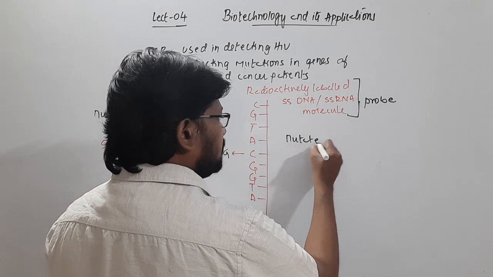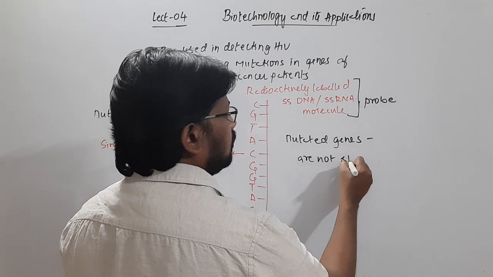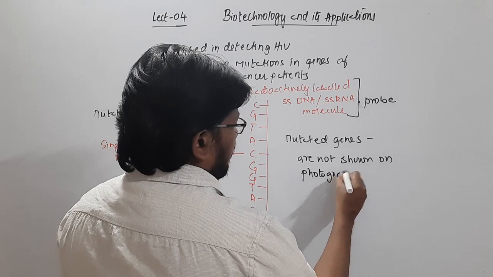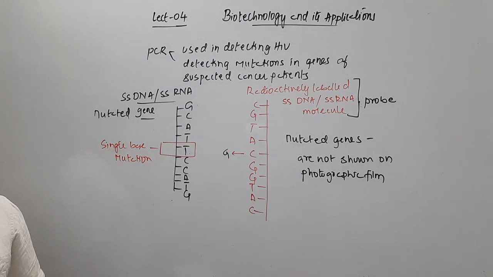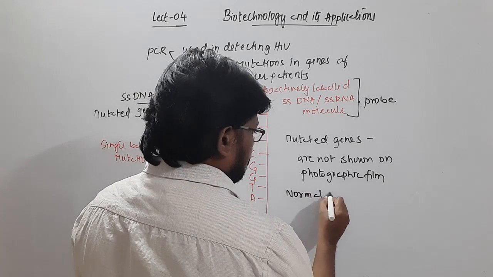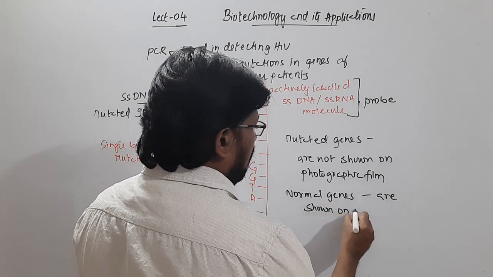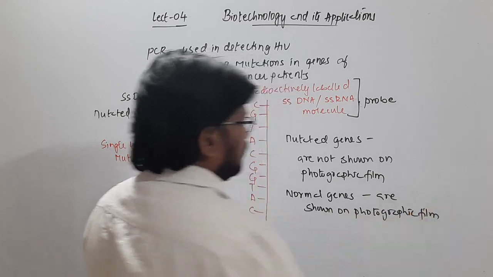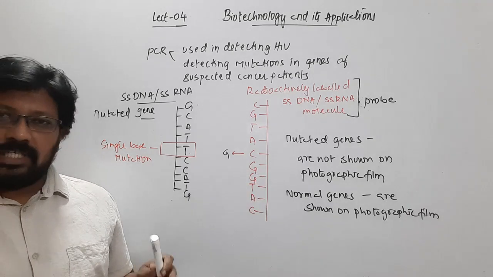The mutated genes are not shown on photographic film, right? Whereas the normal genes are shown on photographic film. The mutated genes will not be seen on the photographic film.